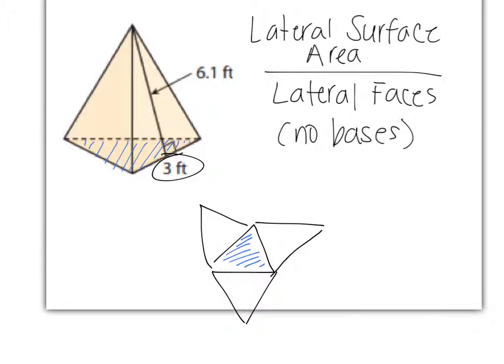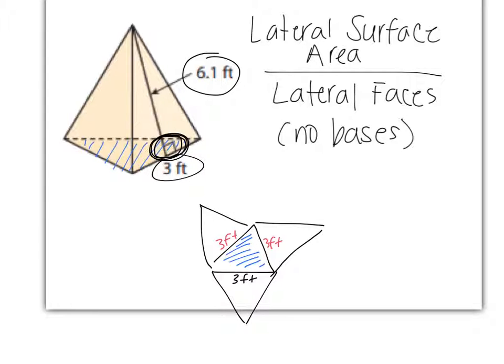Right here, this says that this is 3 feet, so that means that all of these edges are also 3 feet. If they only give you one of those measurements, that means all of them are those measurements. Now the next thing you have to pay attention to is this height right here. This is the perpendicular angle.